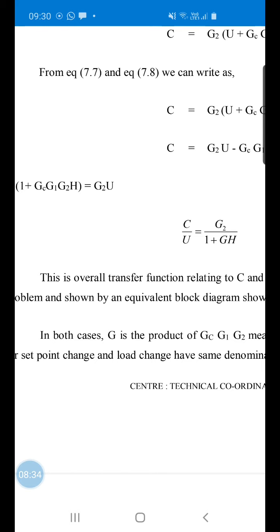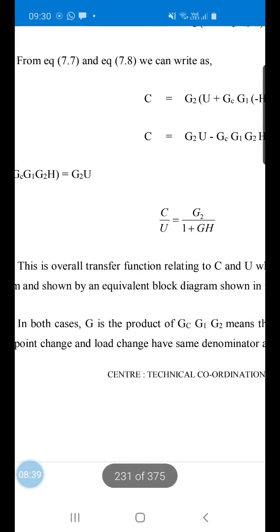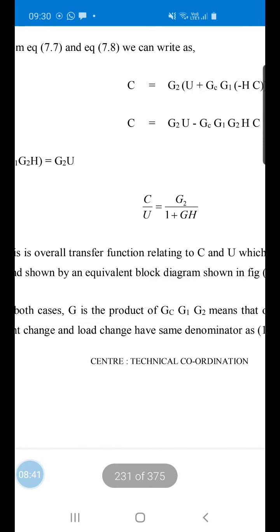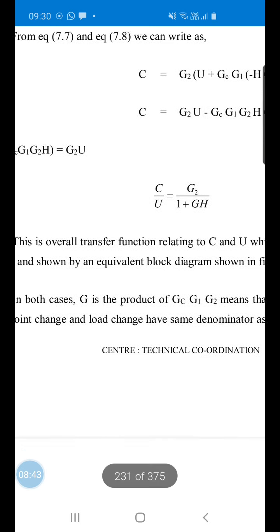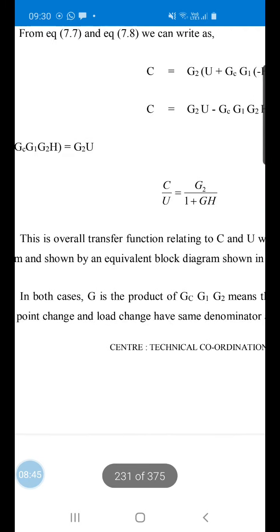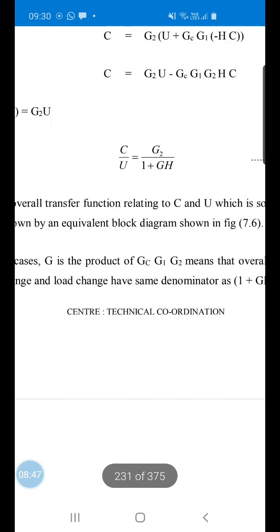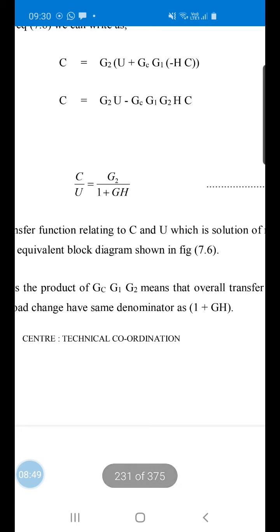So now the conclusion from this is, in both cases G is equal to GC, G1 and G2, which means the overall transfer function for set point change and for load change have the same denominator. The denominator for both equations, C by R and C by U, you observe, is 1 plus G into H.